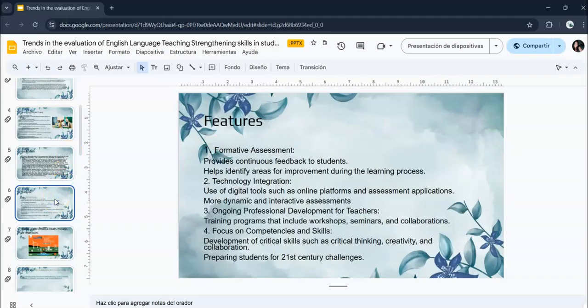Features. For this digital resource, we created four features. Number one, formative assessment. Number two, technology integration. Number three, ongoing professional development for teachers. Number four, focus on competencies and skills.